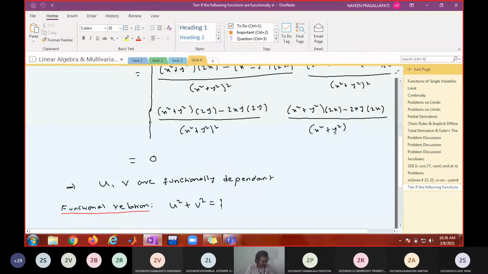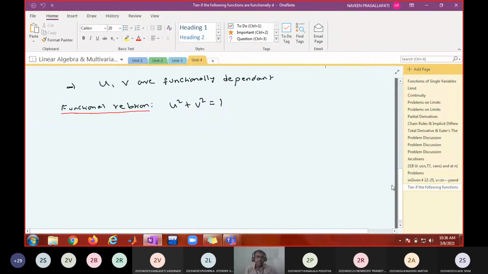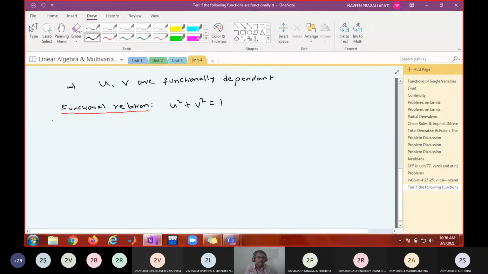All of you note down the next problem. Problem number 2. u equal to sin x plus sin y, and v equal to sin of x plus y.